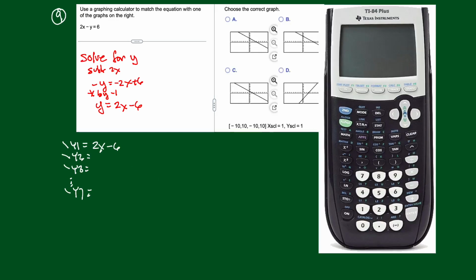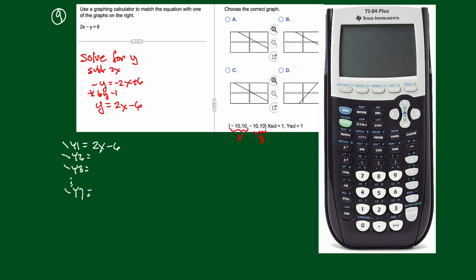Now I'm going to move the calculator out of the way here because they're telling us this. They want on this window, x goes from negative 10 to 10, y goes from negative 10 to 10. So these are the x values, that's our x range. These are the y values. We don't have to worry about the scale too much, that's typically going to always be 1 and 1. So we need to find where we're going to get these windows.